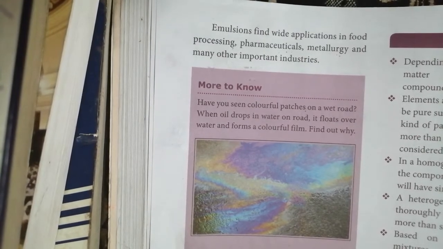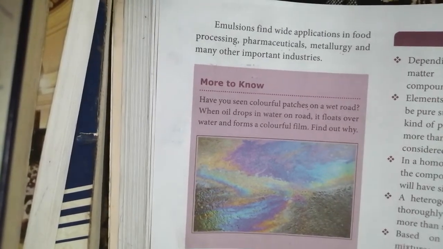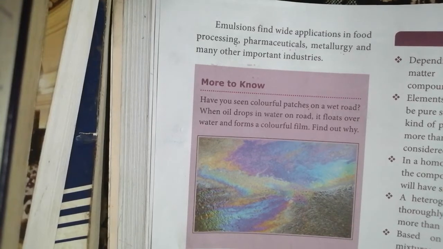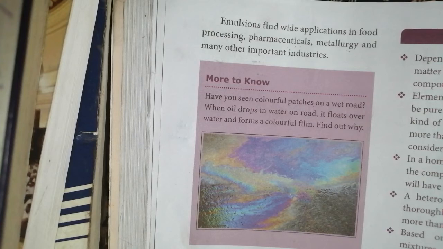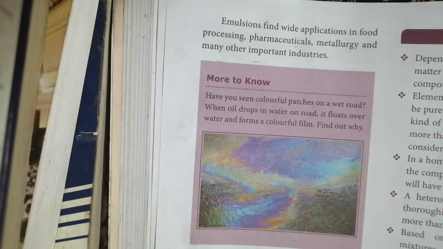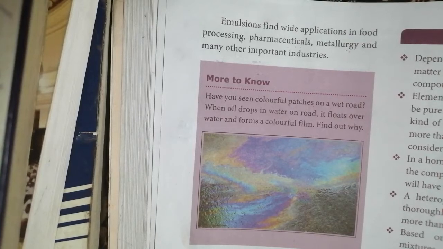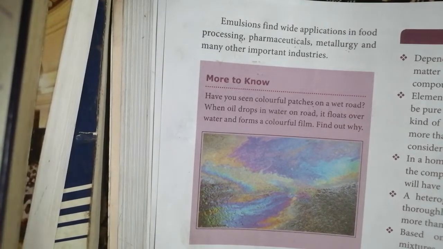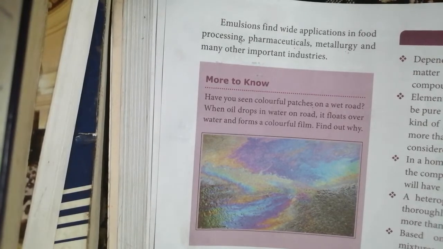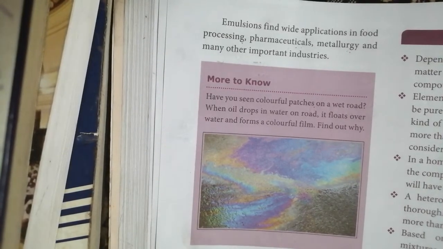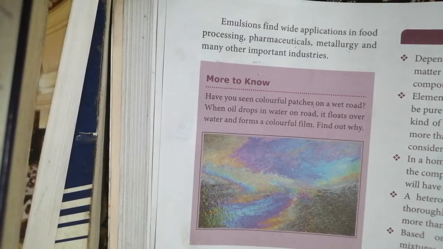And see this More to Know box. Have you seen colorful patches on a wet road? When oil drops in water on a road, it floats over water and forms a colorful film. Find out why. Our roads contain some oil drops, right? Because vehicles move using petrol and diesel.